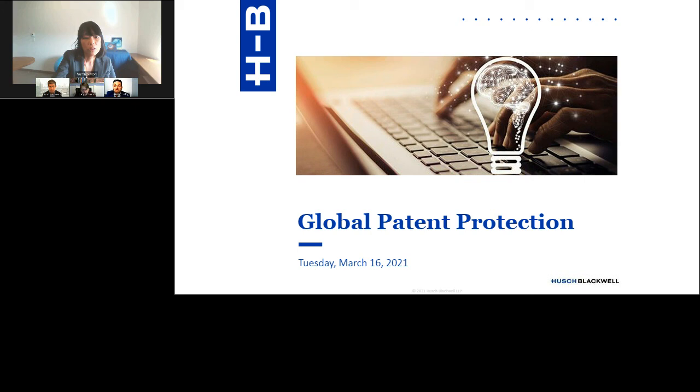And then during the examination stage, the Canadian examiner typically considers available foreign search results. That means for the national stage of a PCT application, the first office action usually refers to the International Preliminary Report on Patentability, IPRP, which was issued during the international stage.